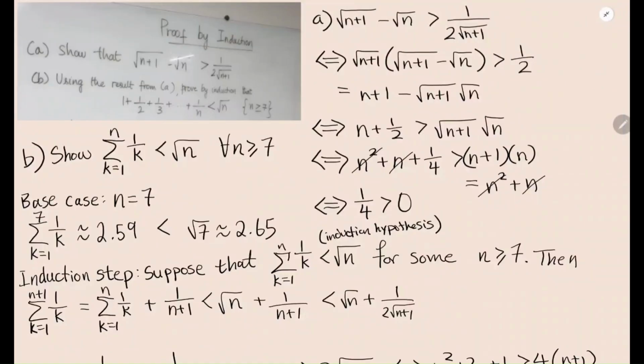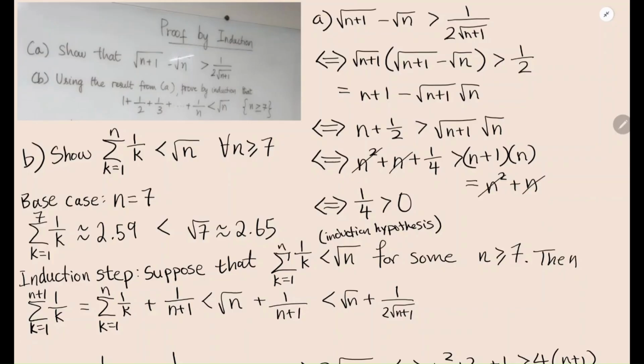Now, because part A is true, I can simply move this negative square root of n over to this side, so essentially this is plus square root of n.